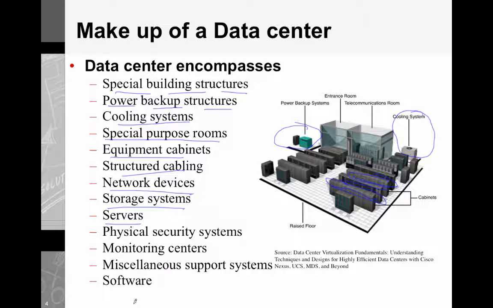Security is another important aspect, which is physical security. There are also monitoring centers, special rooms where people sit down and monitor the entire data center. And then there are miscellaneous other support systems. And the most important thing is there is software. There's a very important piece of software called virtualization software, which we're also going to talk about in this module.